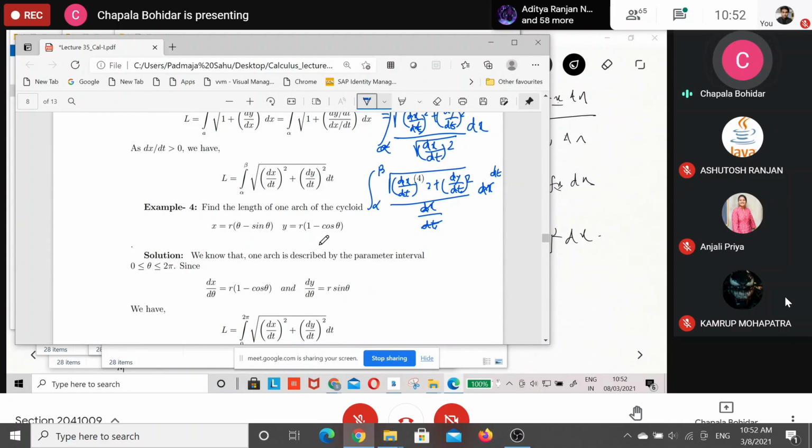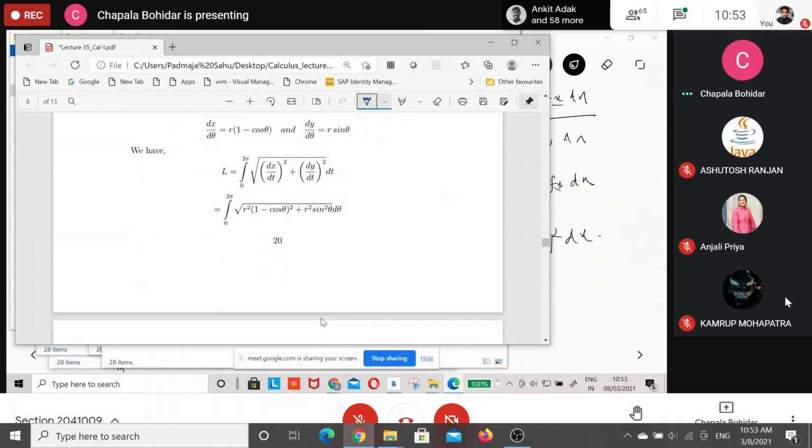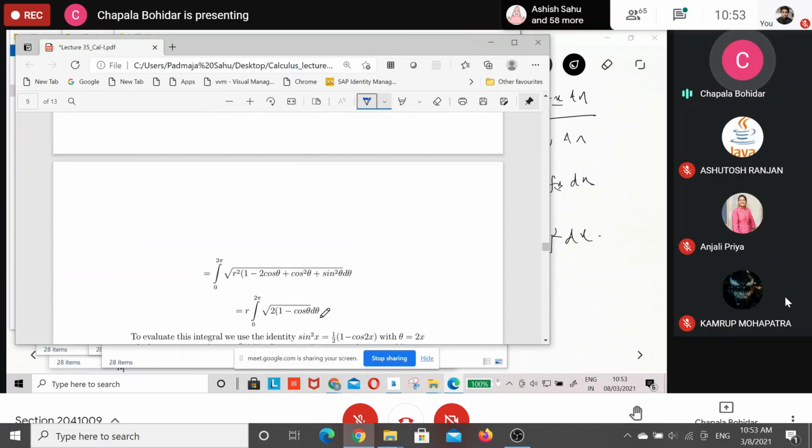Always our interval, t or theta, for this cycloid is 0 to 2 pi. So here we have to find dx by d theta and dy by d theta. The arc length is 0 to 2 pi. We put it here, then we simplify and take r outside.